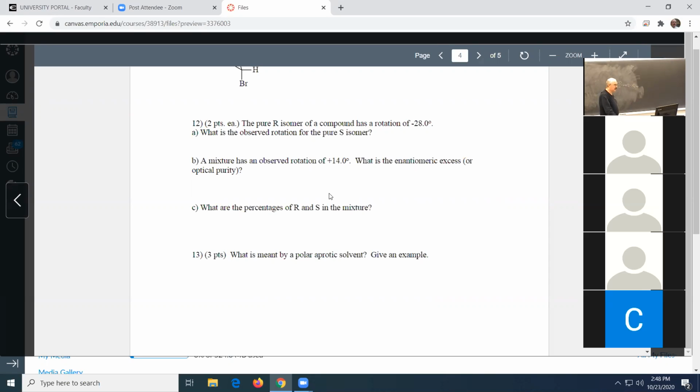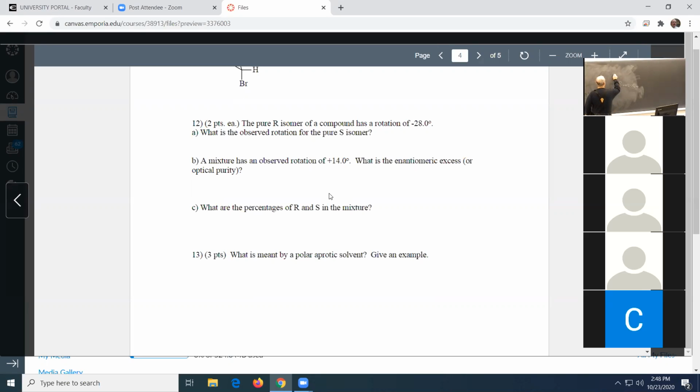Okay, what are the percentages? Okay, since the observed rotation was positive, that means that the excess would be for the S isomer. So there's a 50% excess.